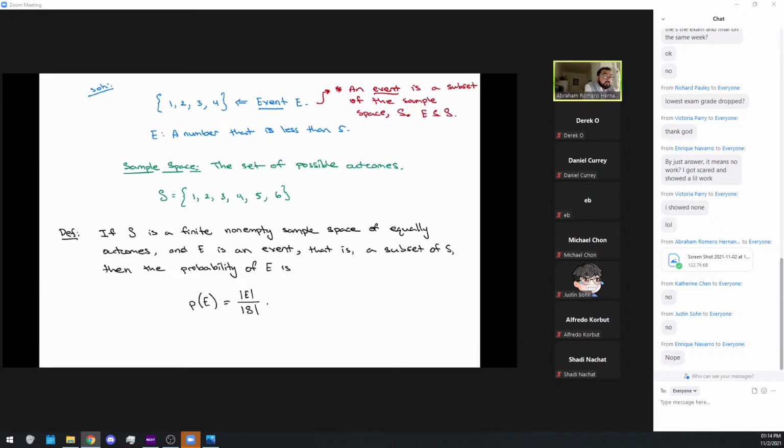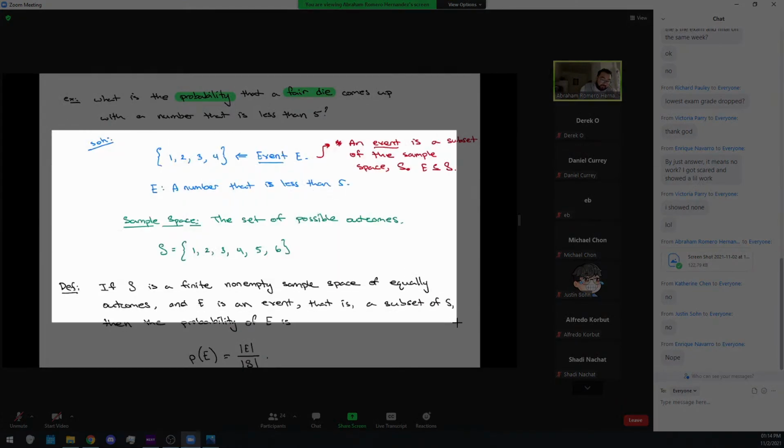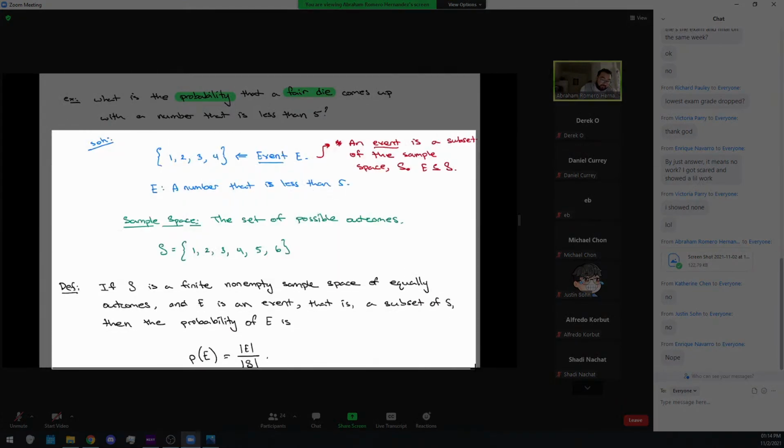Any questions on that? Okay. So for this example, what is the probability that a fair die comes up with a number that is less than 5?